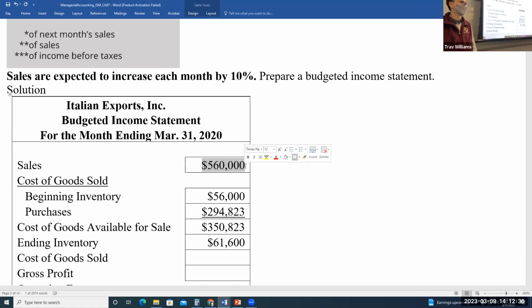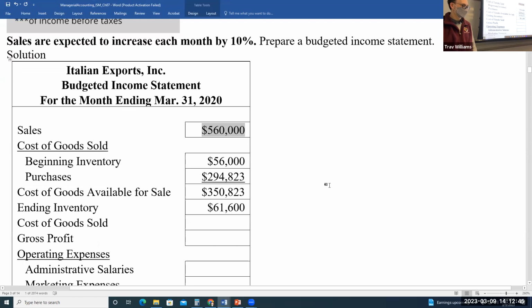Any questions on that? Okay, so then what was our cost of goods sold? How do we get that?